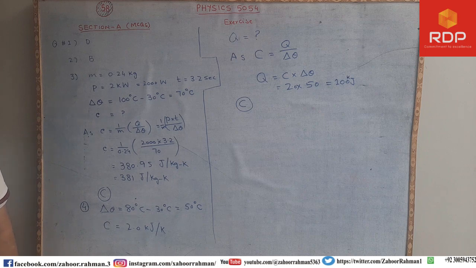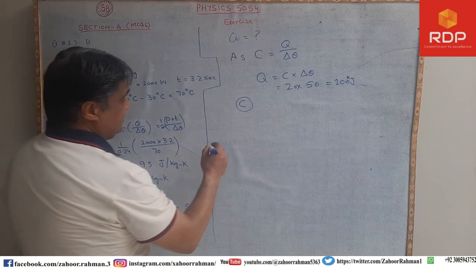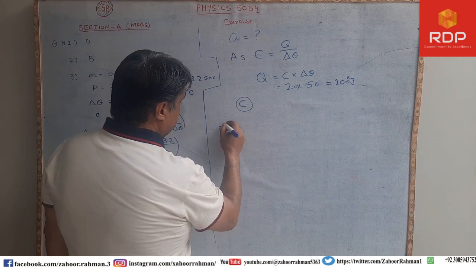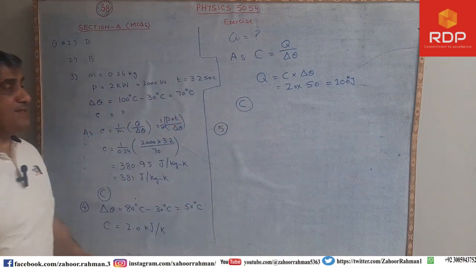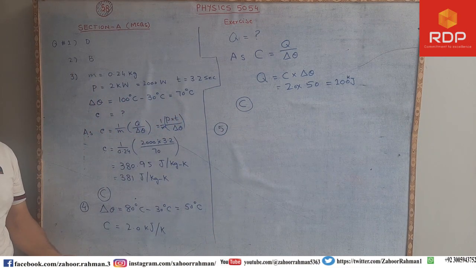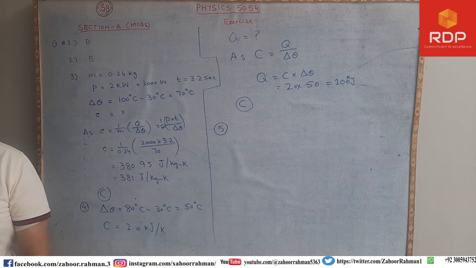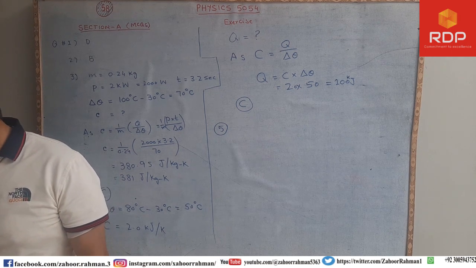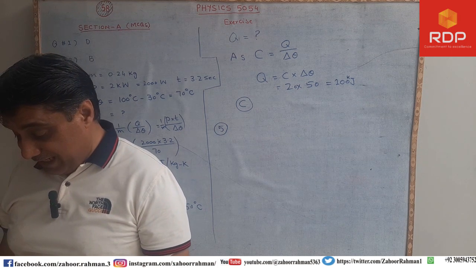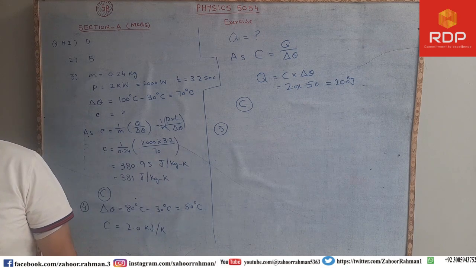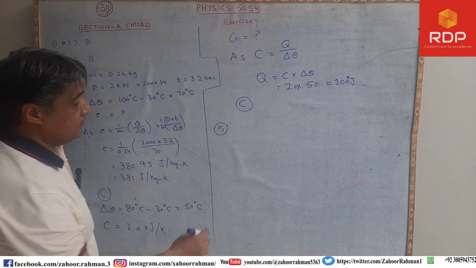Now we are turning our focus to question number 5, which is the last question of this section. Then we will turn our focus to section B. Ladies and gentlemen, question number 5 is saying a 4 kilogram mass of copper.